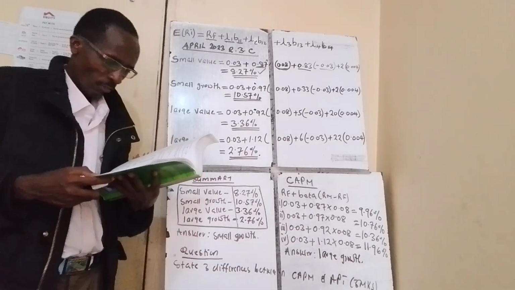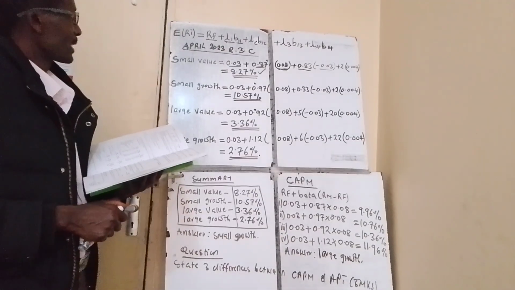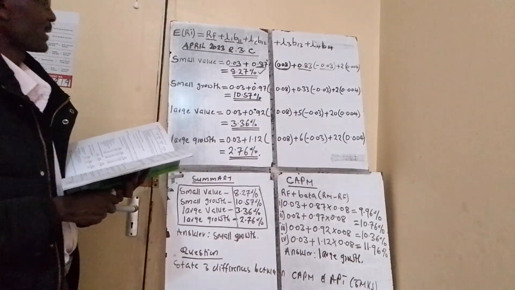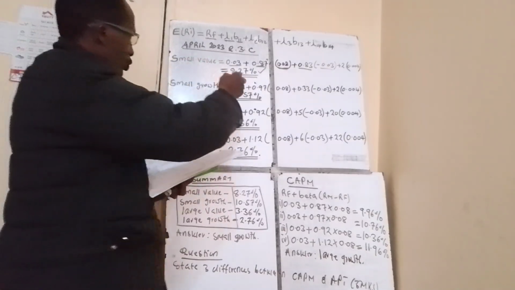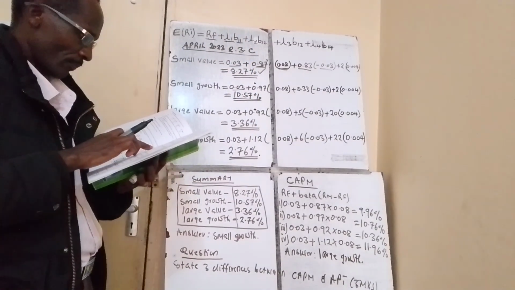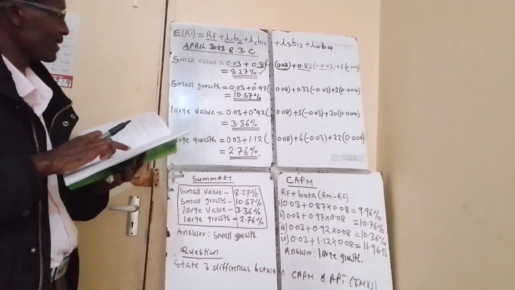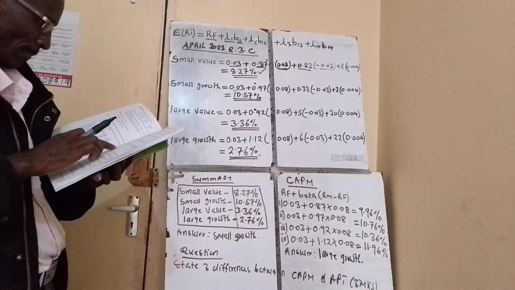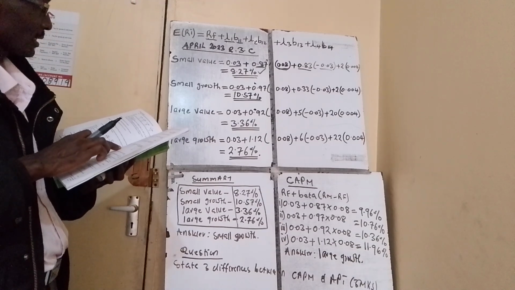Go to small growth. Small growth, we do the same formula. We take the risk-free rate, which is 3%, so 0.03, plus sensitivity to factor 1, 0.97, multiplied by the risk premium 0.08, that was 8%.